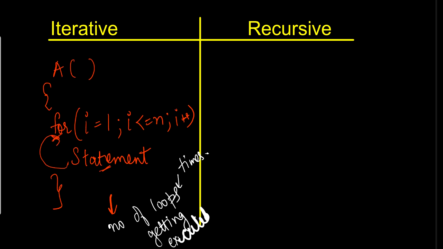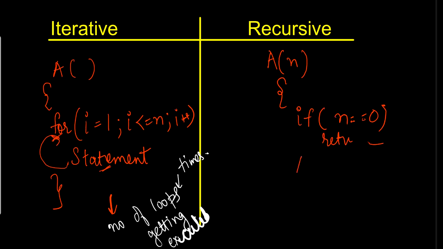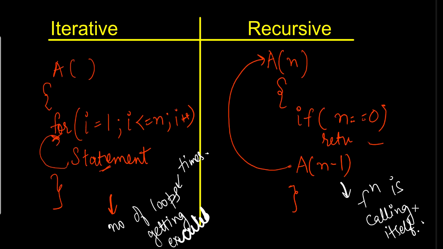But coming to recursive, there will be a function, and with that we will have a base condition. Let's say if n is equal to 0, return something, and then the function which calls the function itself. So here the function is calling itself. In iterative we make use of a loop so that our statement can be executed, whereas in recursive the function is calling itself. That we will understand with the help of an example.